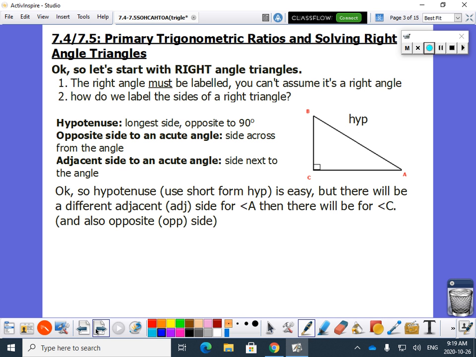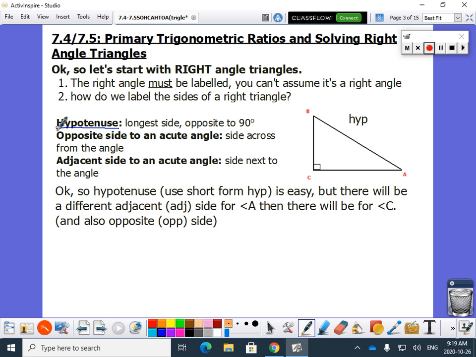How do we label the sides of a right triangle? This is probably fairly straightforward to you because it's a little bit of review, because when you do Pythagorean's theorem, it is a right angle triangle. So hypotenuse is always the longest side, opposite to the 90-degree angle. If it is a right angle triangle, you will always see this here.